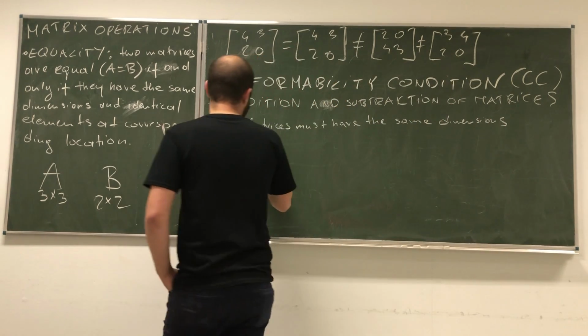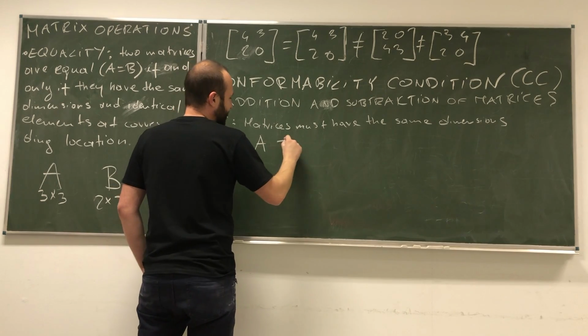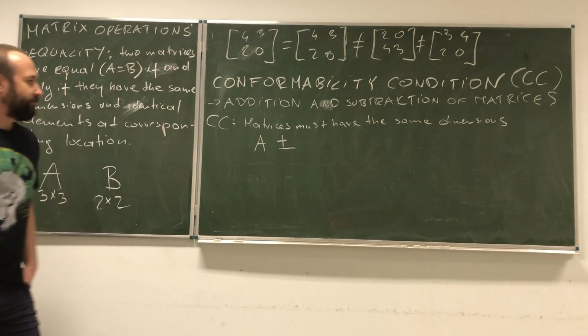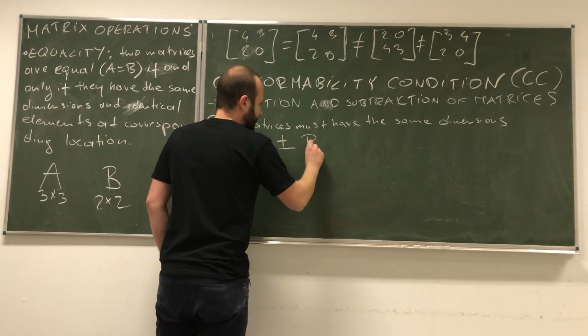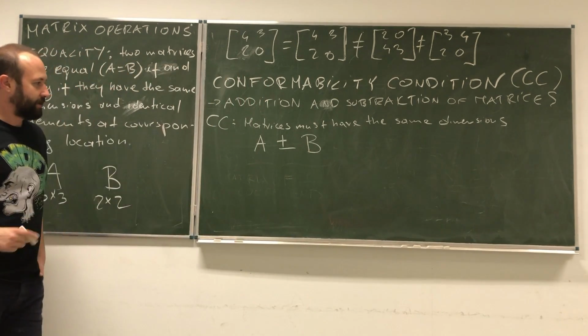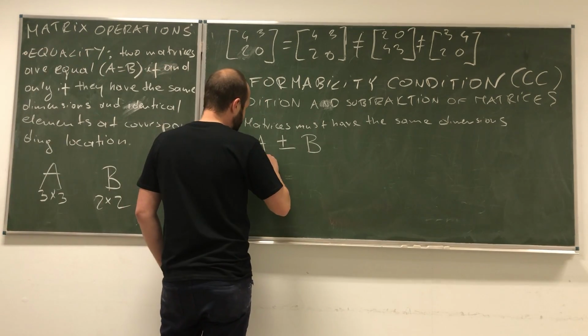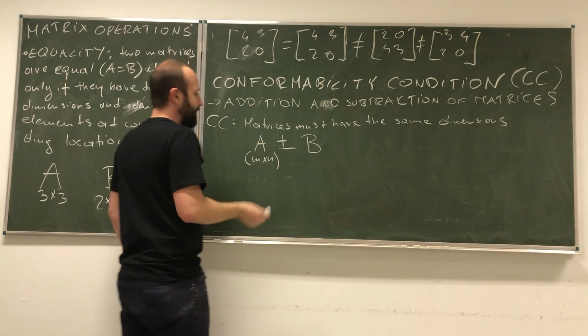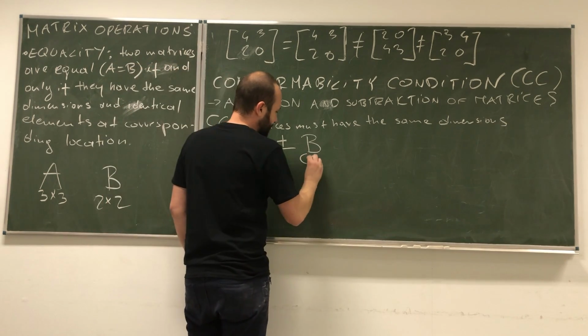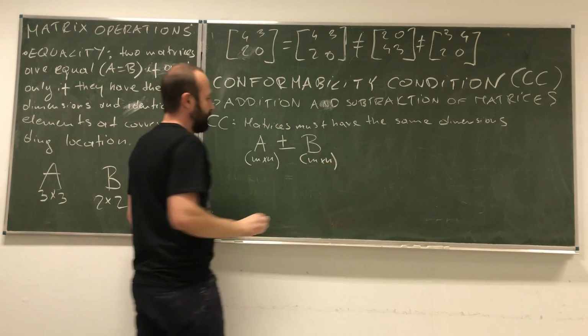So if I have matrix A and I want either to add or subtract it from matrix B, I need to make sure that if matrix A is m by n, then matrix B is also m by n.